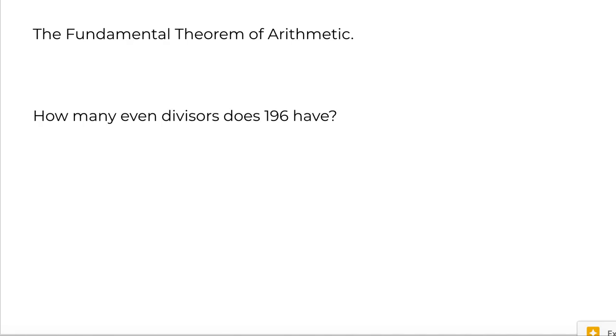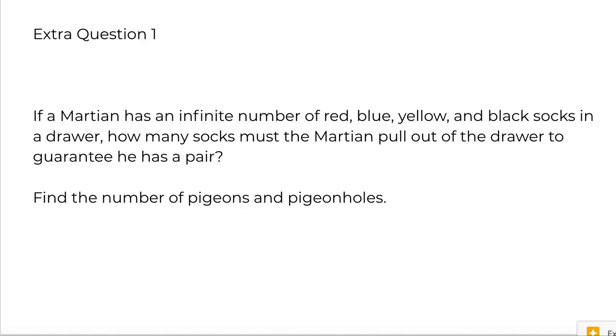You tried to identify a question where you have to find the even divisors that a number has, and you found that it has 2 squared, 7 squared, and you found the number of ways 2 can be chosen and 7 can be chosen to answer this question. We did 2 more questions.